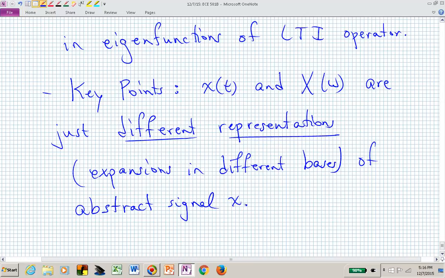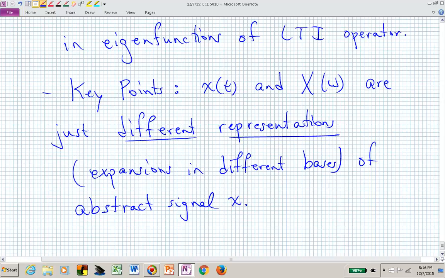Meaning you could look at x either in terms of its weightings x of t or its weightings capital X of omega. And we can see, maybe by looking at these integrals, what that really means.